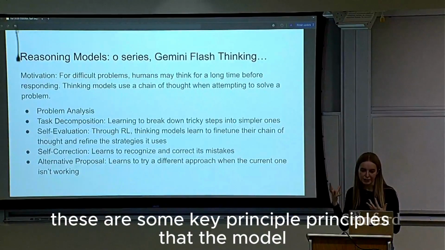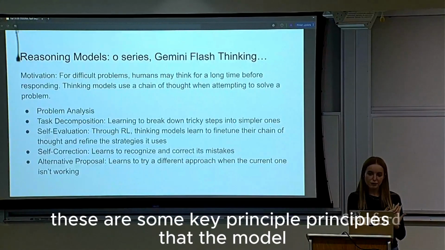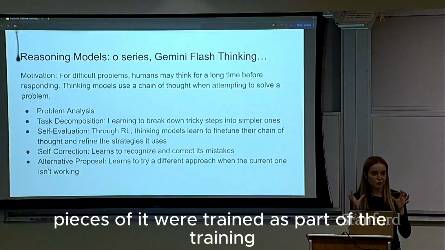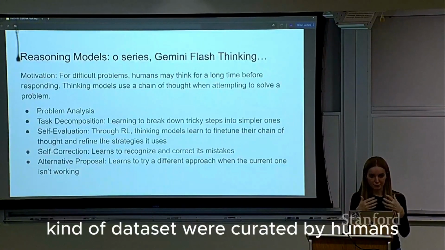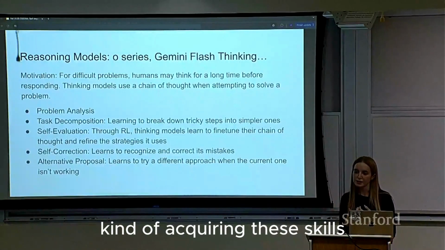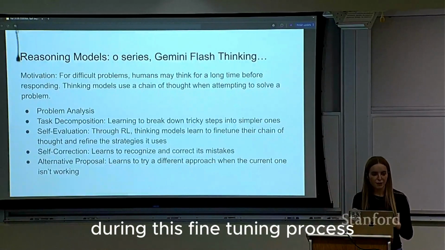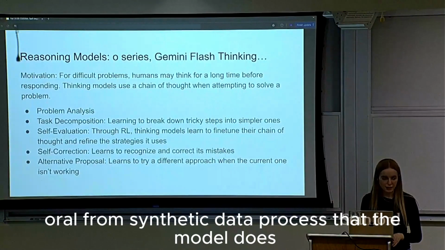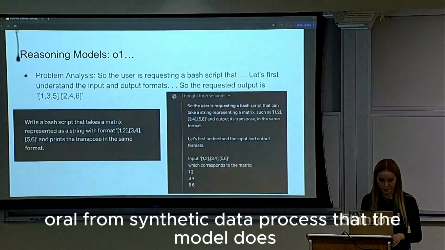These are some key principles that the model probably, at some point, pieces of it were trained as part of the training data set, curated by humans, but a big part of it is also the model acquiring these skills during this fine-tuning process and RL from synthetic data process that the model does.